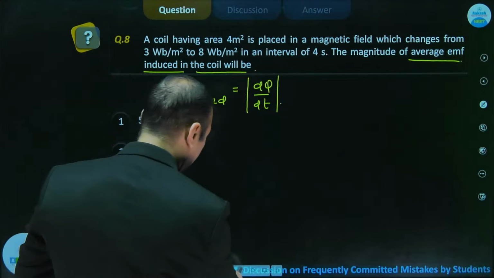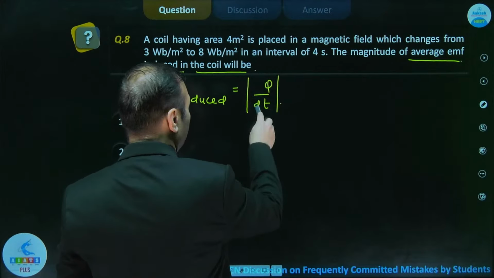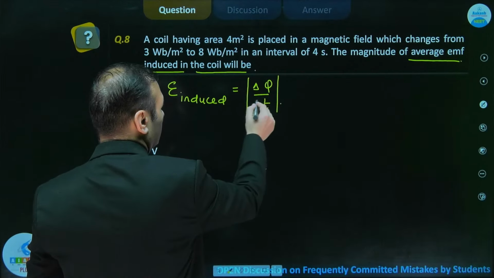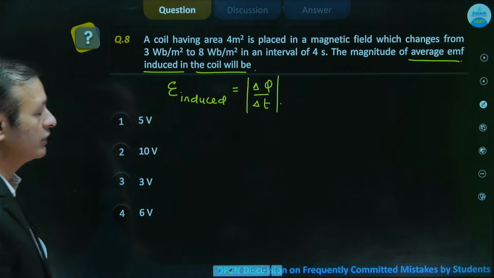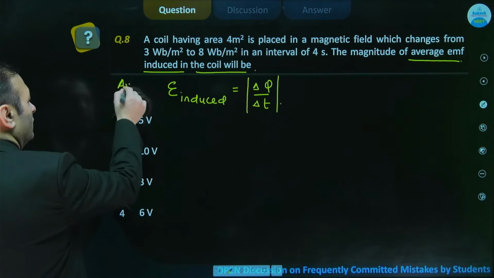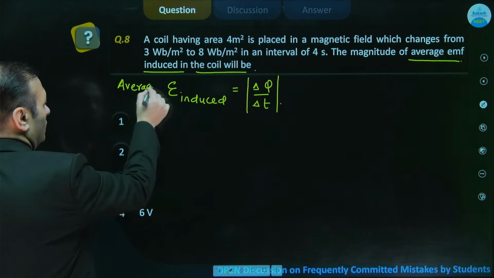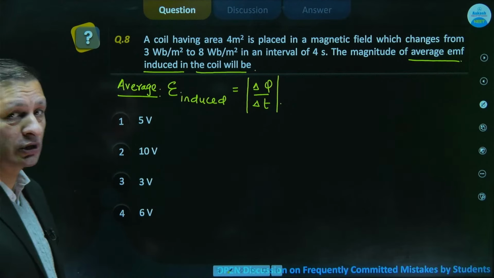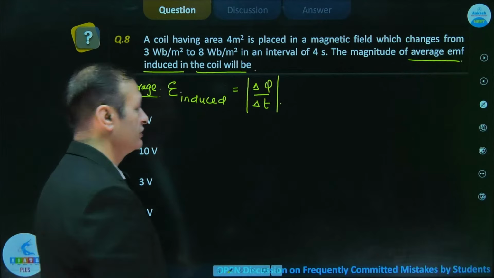Or when you are writing it as an average, I think we should keep it like this: the total change in flux by the total time, because we are finding it as average. So total change in flux by total change in time.